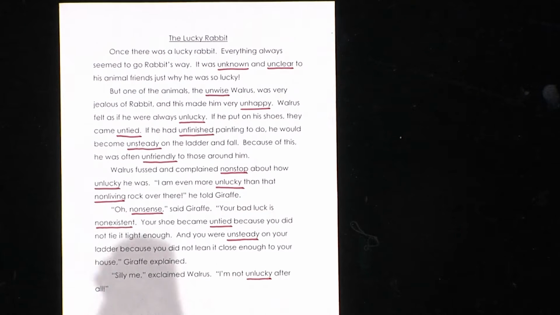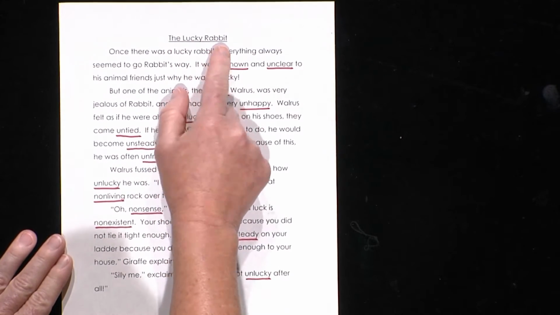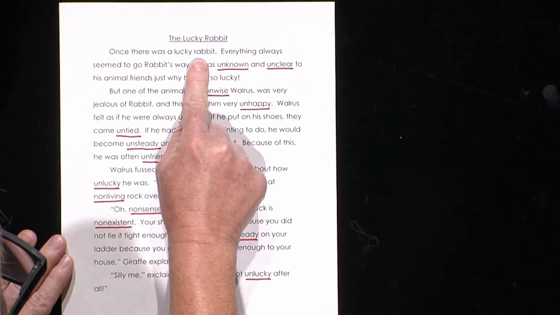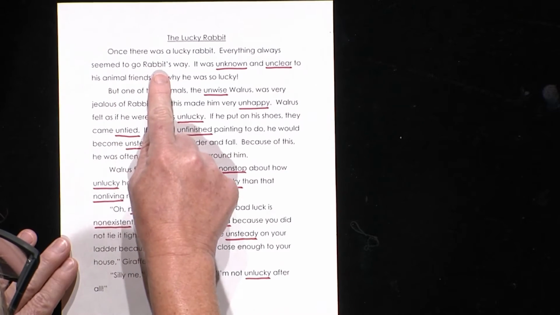Now that we found all of the words with the prefixes un and non, I'll read the story aloud to you. The title of this story is The Lucky Rabbit. Once there was a lucky rabbit. Everything always seemed to go Rabbit's way.